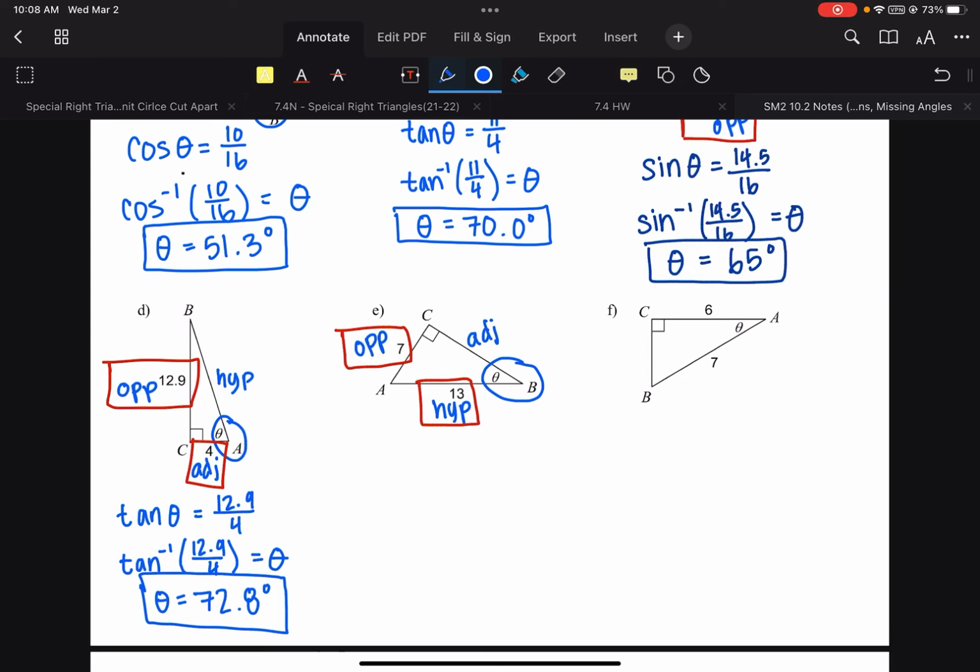I know that opposite and hypotenuse come together to form sine. So the sine of theta is the opposite over the hypotenuse, which means the inverse sine of the opposite over the hypotenuse is equal to theta. Punch that into my calculator, and my theta is equal to 32.6 degrees.